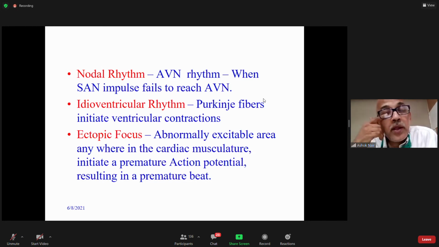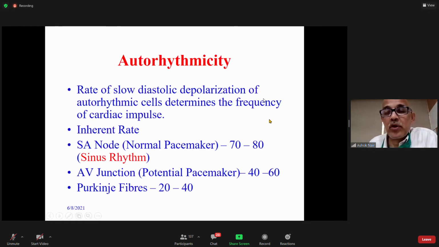Normally the AV node will take some time to generate the impulses, because the AV nodal rhythm is lower than the SA nodal rhythm. The AV junction's rate is much lower than the SA node rate.